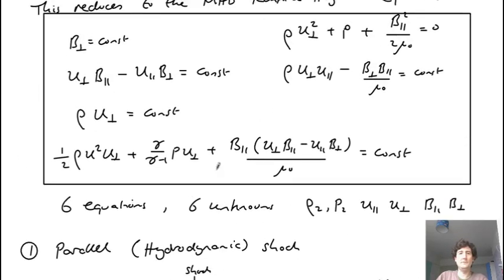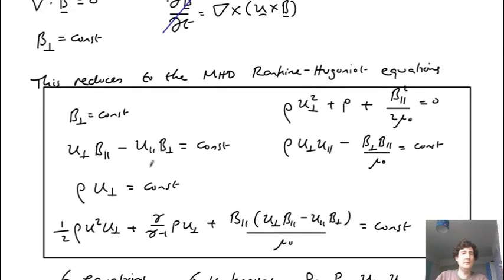So if the perpendicular velocity is 0, then we have essentially a few things. We still have this b perpendicular is constant. We just have u parallel b perpendicular is constant, so this goes to 0. Most of this disappears. So we still have essentially u parallel, b perpendicular, u parallel here, so this part is also constant.